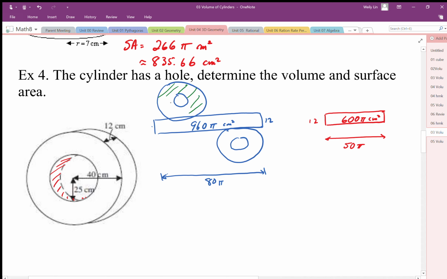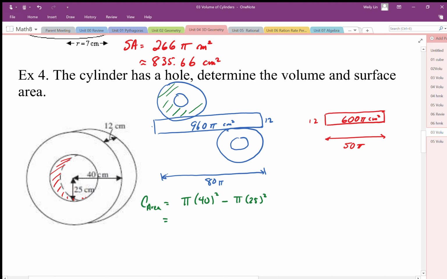So we're just left with the top circle and the bottom circle, so we want this surface in here. That surface is going to be the difference. So the circle area is going to be the outside circle, so square the radius and times it by pi, and we're going to subtract the inside circle. We square the radius and times it by pi.